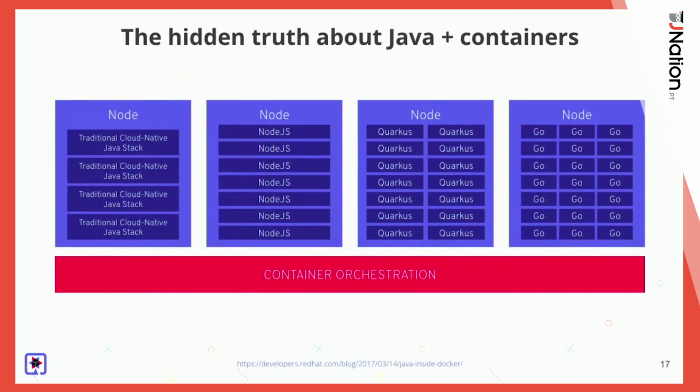One of the goals of Quarkus is to make sure that you get a lot more bang for your buck, and run more Quarkus applications because they're smaller and they start up faster. So then it becomes competitive with Node.js and Go runtimes.